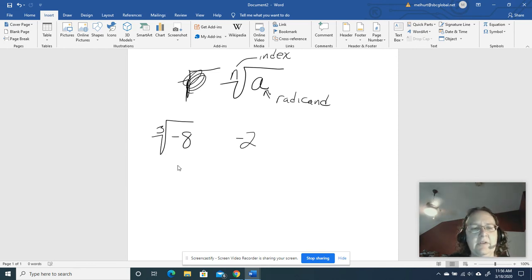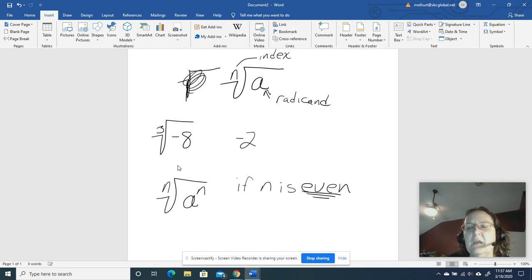Now, there is a little bit of a difference, and this says that if n is even, so square roots, fourth roots, sixth roots, that kind of thing, and you're dealing with a variable, then you have to put an absolute value bar around it if your power is odd.